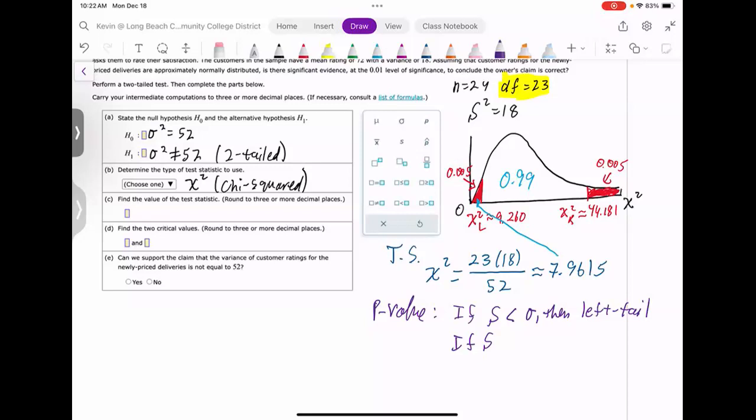If s squared is bigger than sigma squared, then it's right-tailed. Now we can see that the 18 is less than the 52 here. So this is definitely in the left tail, and we can see the left tail. And to be clear, our p-value is this area here.